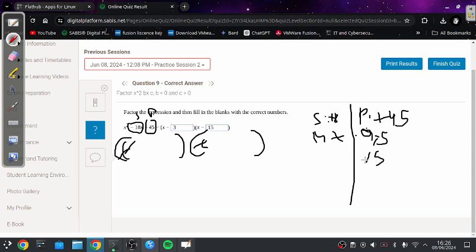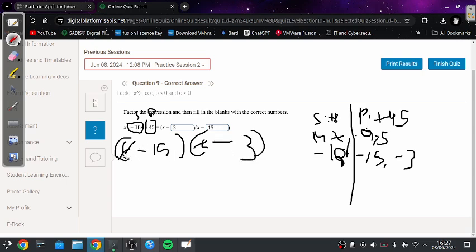So this would be negative 15 and negative 3, which would give negative 18. So this is correct. So your answer would be x minus 15 into x minus 3.